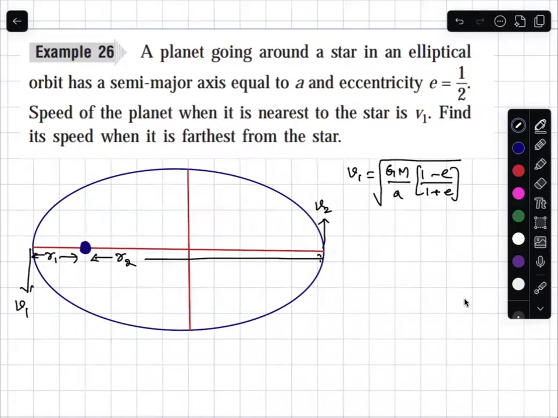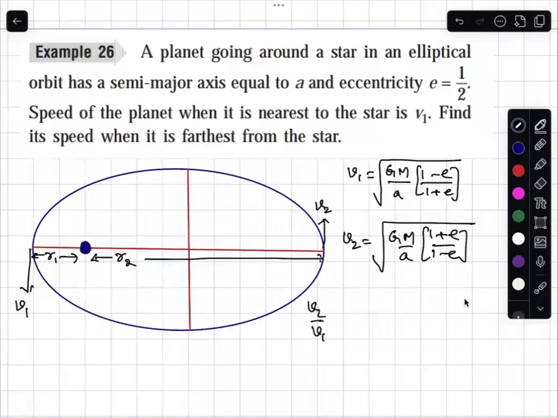I told you very clearly, from applying the law of conservation of angular momentum plus the law of conservation of energy, we got this relation. Now V2 is root of GM by A into 1 plus E by 1 minus E. They have given V1, they are expecting us to find V2, right?